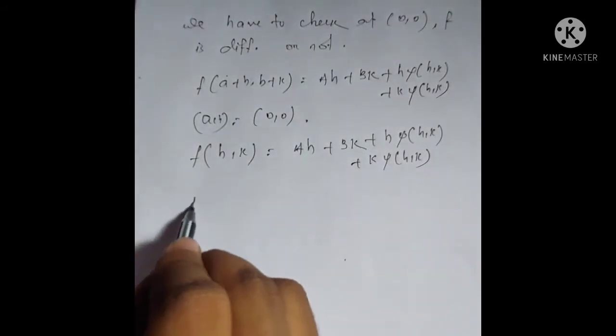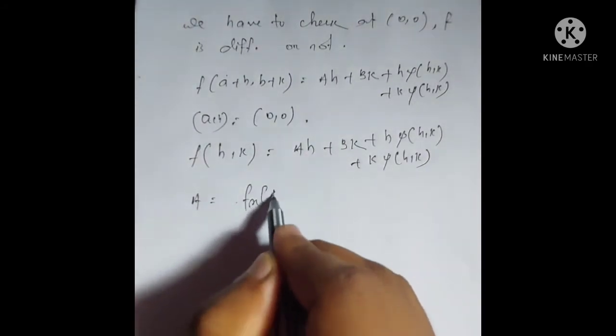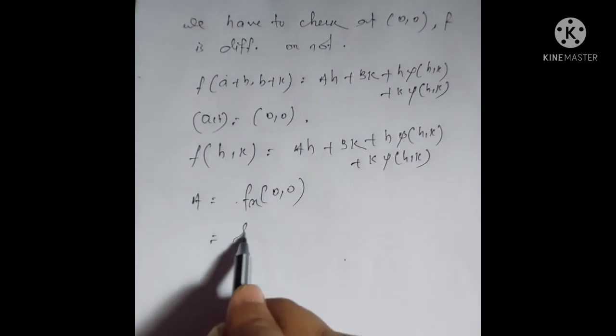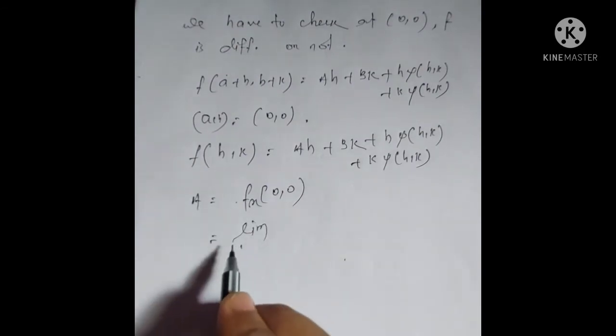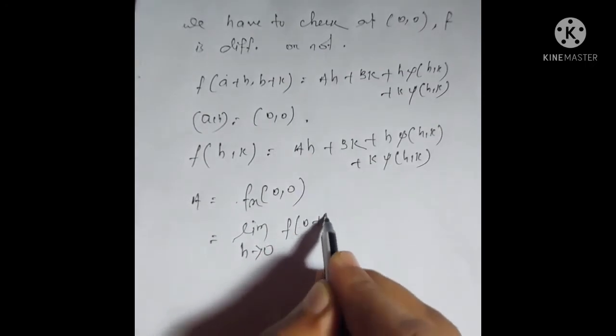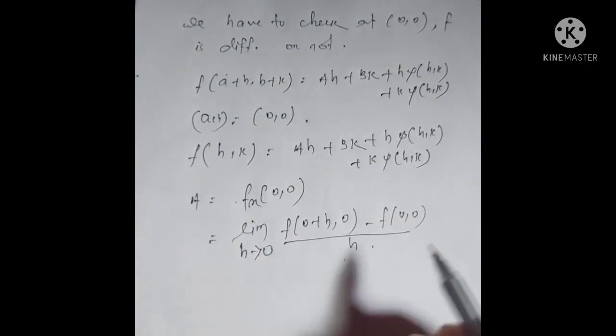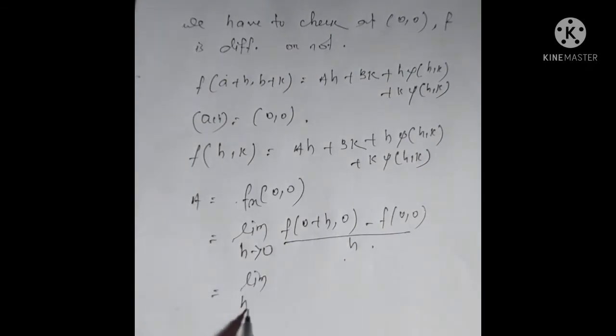Now a is equal to the partial derivative with respect to x at origin, which is equal to the limit h tends to 0 of f of (0 plus h, 0) minus f of (0, 0), whole divided by h, which is equal to the limit h tends to 0 of h cube by h square, whole divided by h, which is equal to 1.